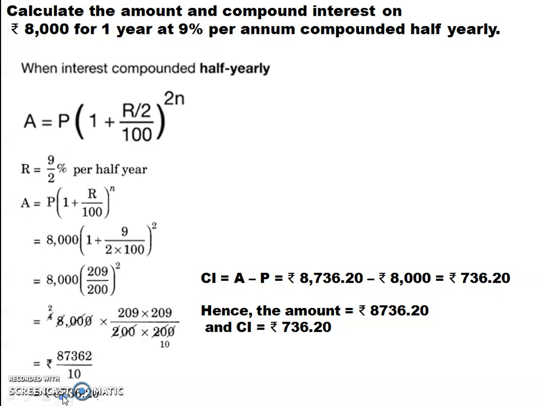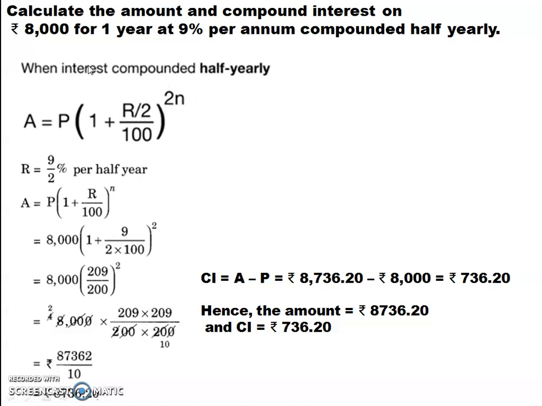What was the equation there? When interest is compounded half yearly, the rate becomes half and the number of years is multiplied by 2.